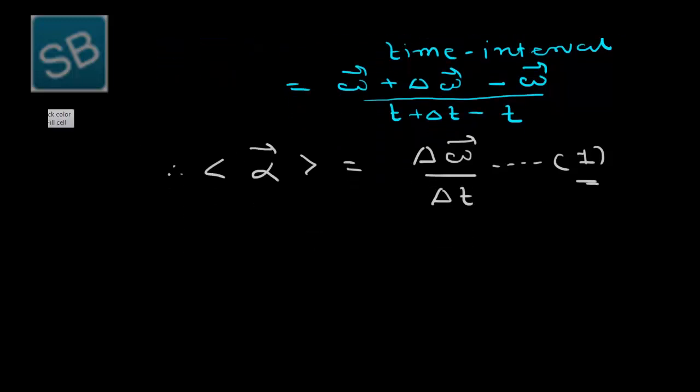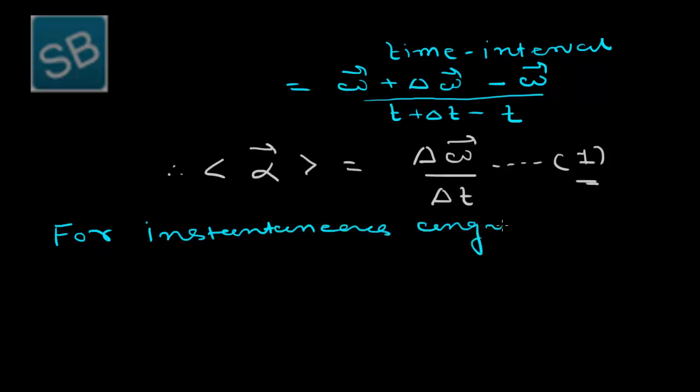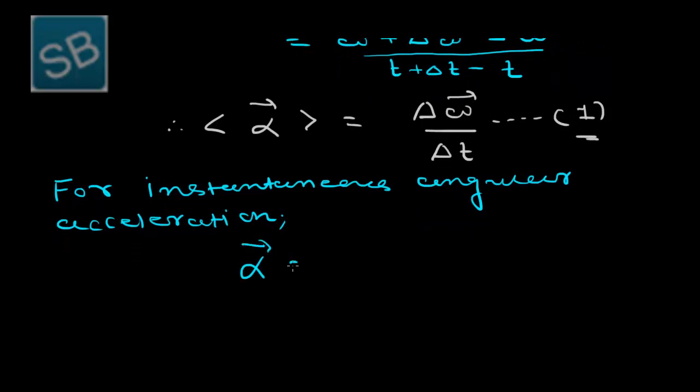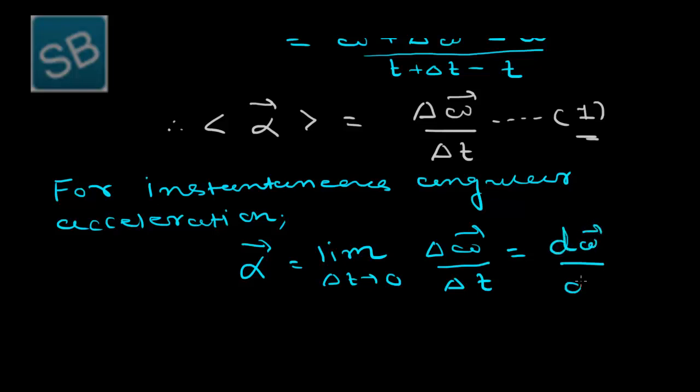Then for instantaneous angular acceleration, alpha vector is equal to limit delta t tends to 0, delta omega divided by delta t, that is equal to d omega by dt.